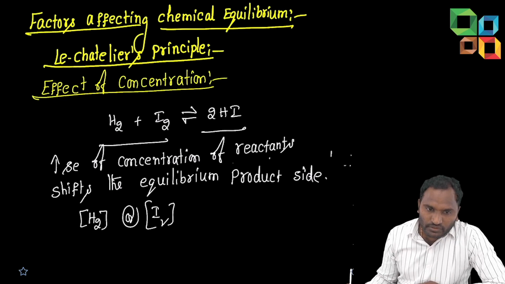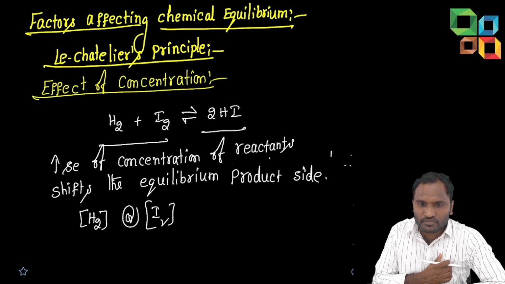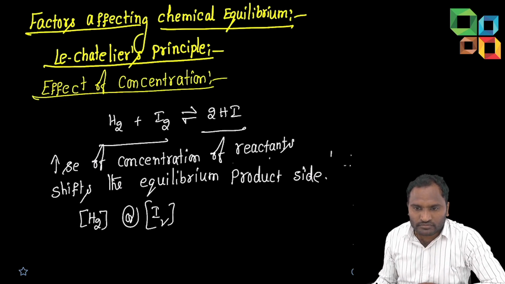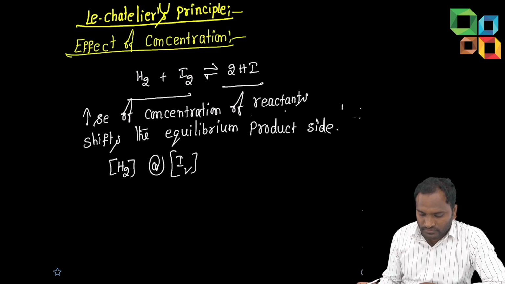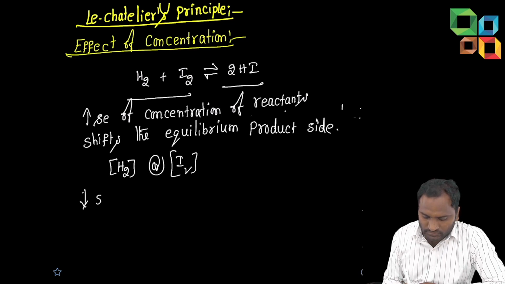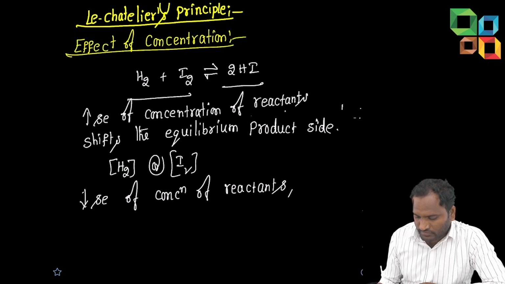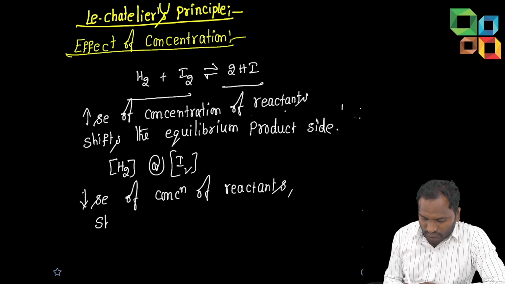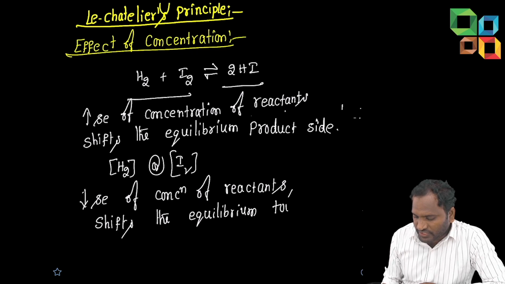Decrease of the concentration of reactant moves the reaction towards the left hand side, or reactant side, shifting the equilibrium towards the reactant side.